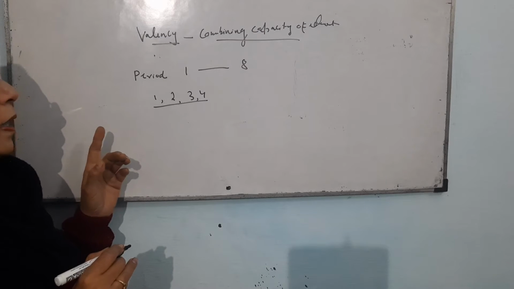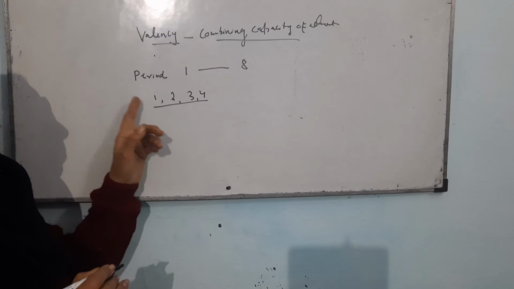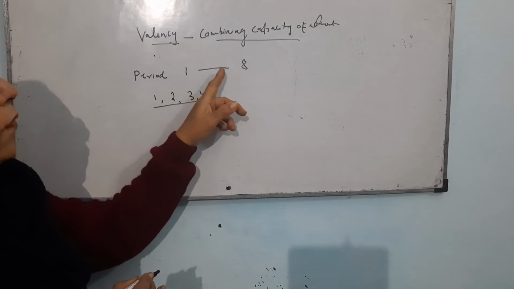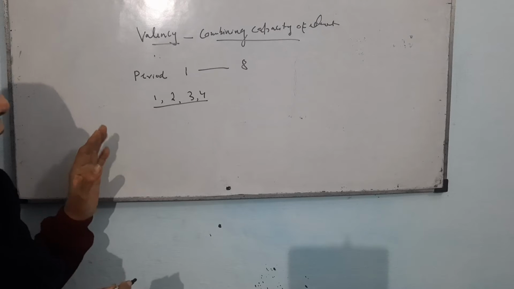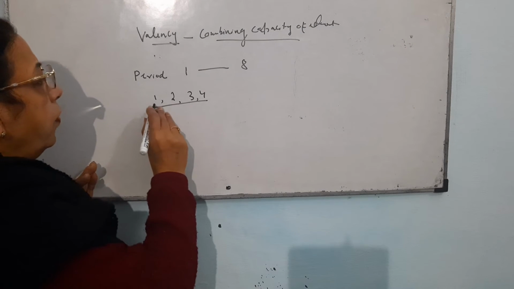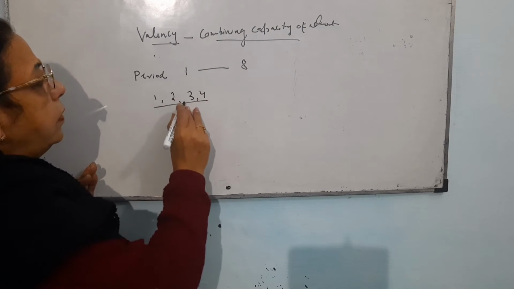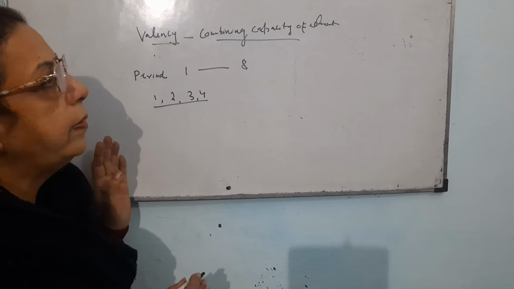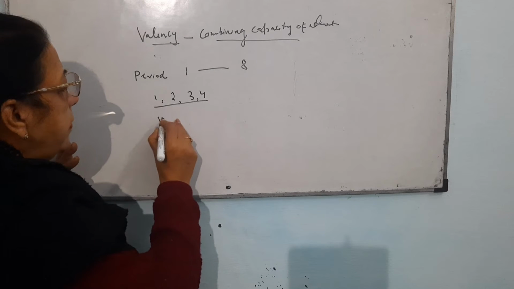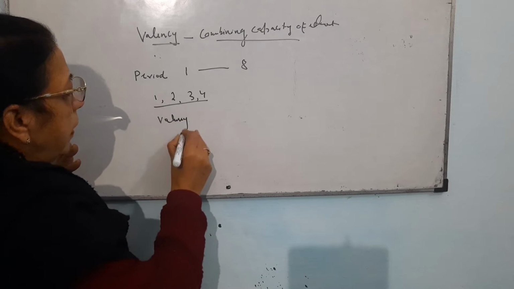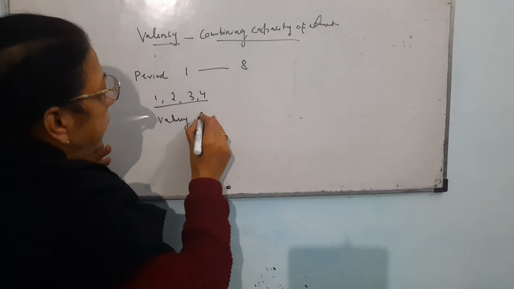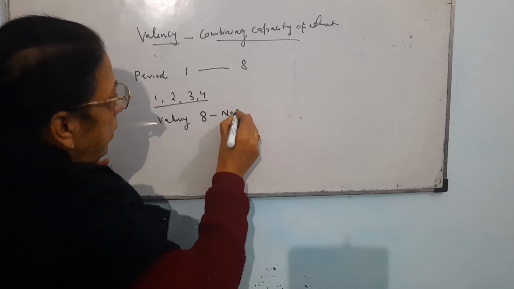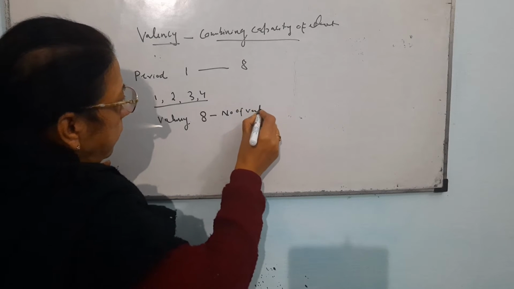Again repeating, in the period the number of valence electrons increases from 1 to 8. The valency up to 4 valence electrons is equal to the number of valence electrons. As we move further, the valency becomes 8 minus the number of valence electrons.